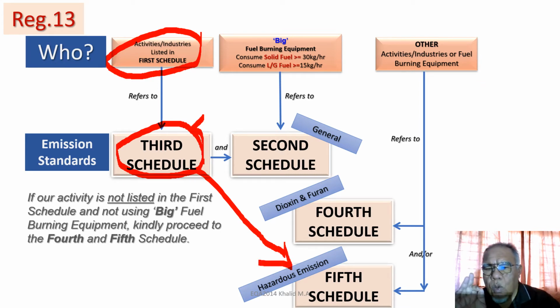That is a worry to me. It can lead to confusion and also discomforting to many industries, because they've got to work to and fro from these two schedules. But don't worry, what we need to do is to determine if in your third schedule it mentioned that you got to look into the fifth schedule, you determine which parameter in the fifth schedule is applicable to you. We'll discuss that in some other time.